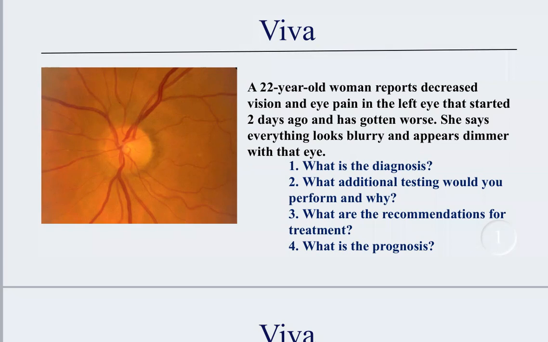What is the diagnosis? Look at the fundus photo. It shows no abnormality, so this is a normal fundus photo, with decreased vision and pain with ocular movement. This is typical for retrobulbar neuritis. So instead of talking about optic neuritis, I'll make it like that.